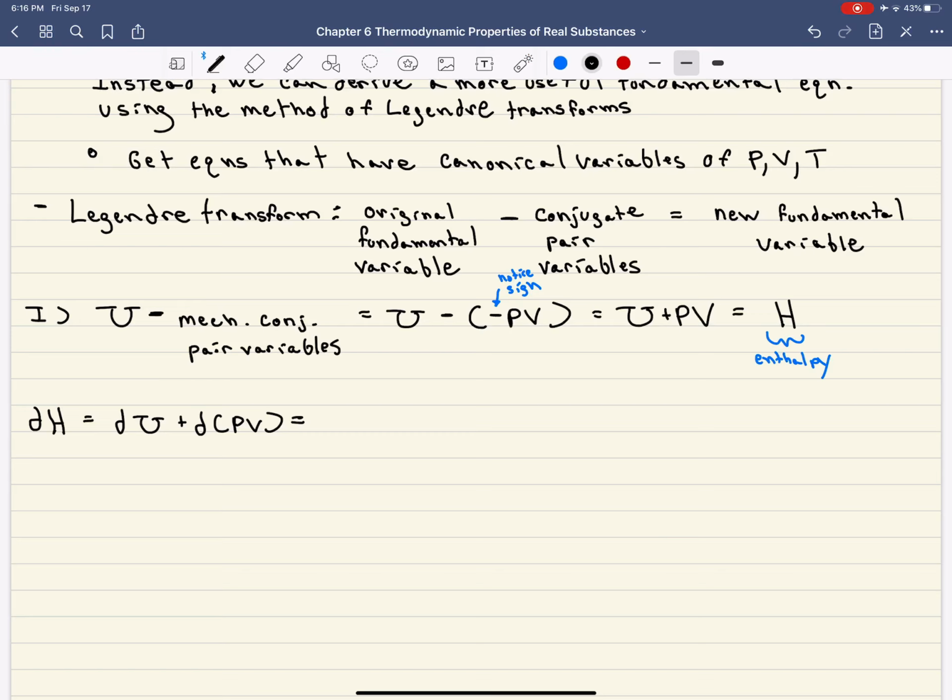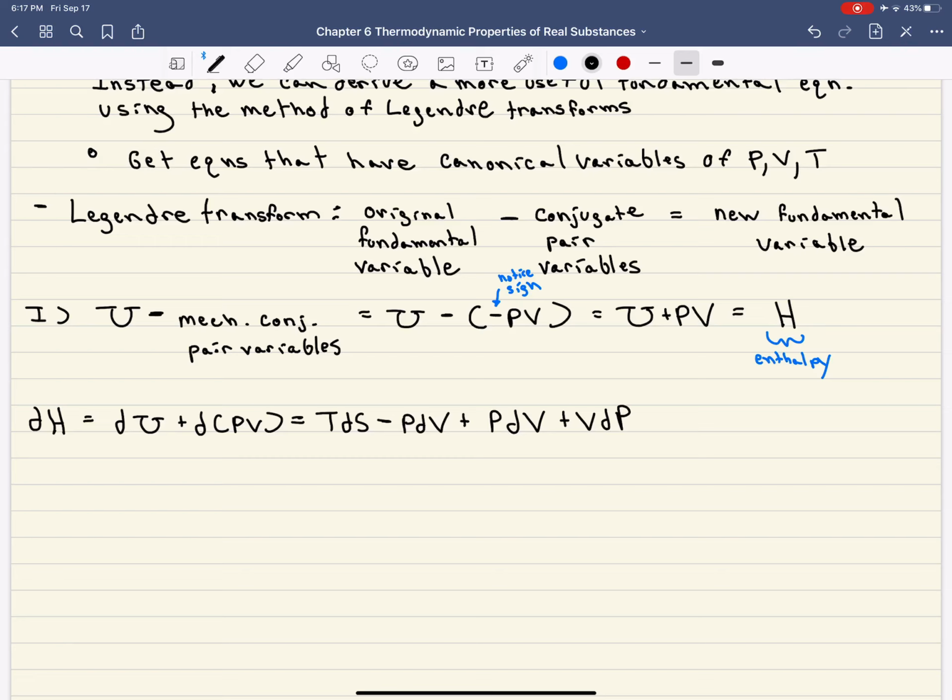So we know that dU is just equal to T dS minus P dV. So that's what dU is. Now we're going to add on to it the derivative d(PV). So for this, we are going to use the product rule, since we have a derivative of a product. And so d(PV) is going to be P dV plus V dP.